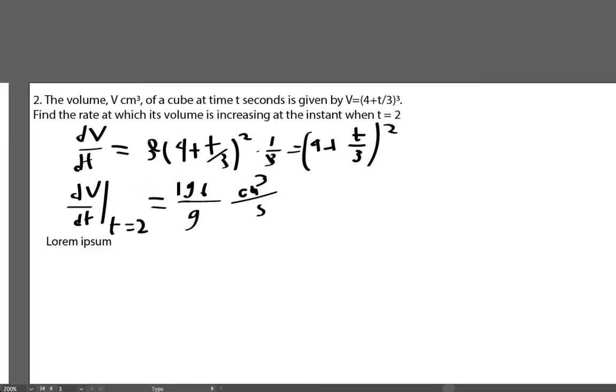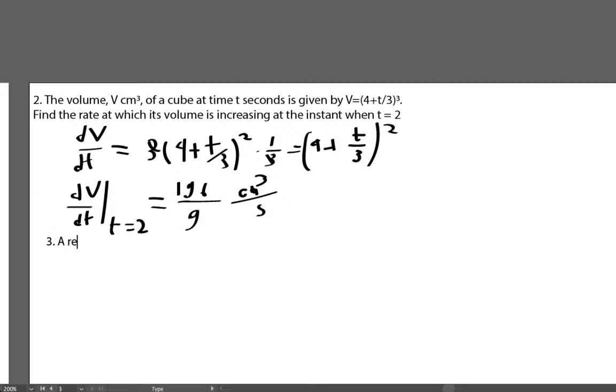So next up, let's actually go to the next one. Number 3, which is the sixth problem. A rectangle has sides x centimeter and 2x minus 4 centimeter. Oh wait, I forgot, I need to do this again. Okay, let's do this.